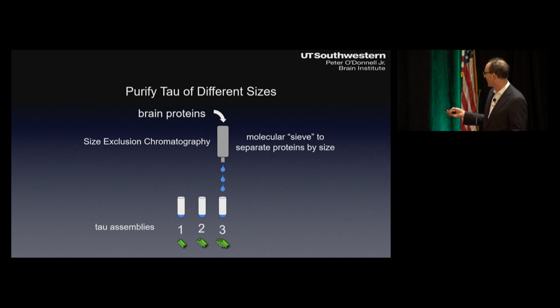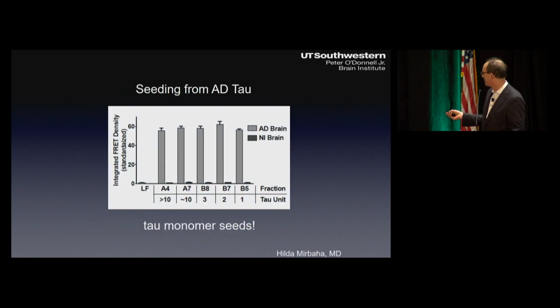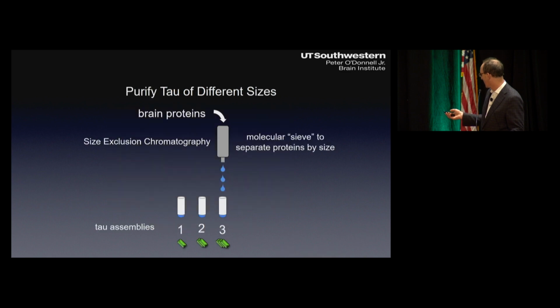But basically, by immunopurifying the tau, we could then use a size exclusion chromatograph, which is basically like a molecular sieve, which separates assemblies based on their size. And we were able to isolate fractions that contain single monomer, dimer, trimer, on up the size scale.